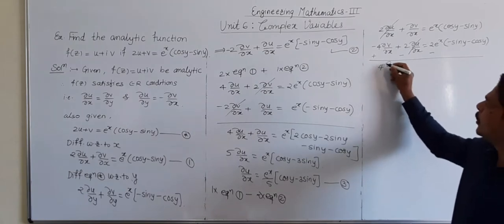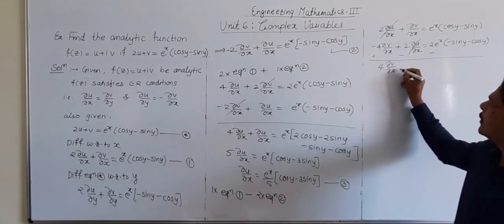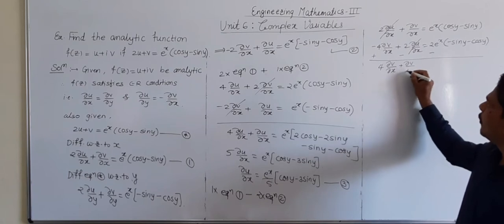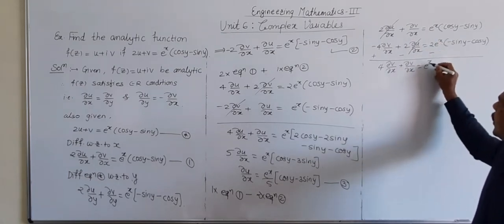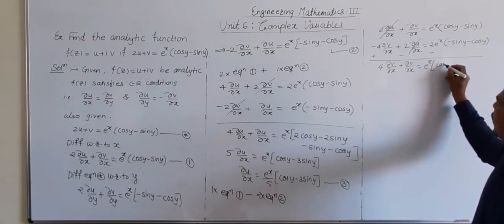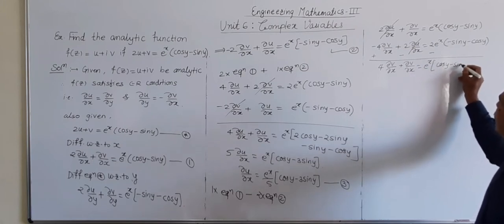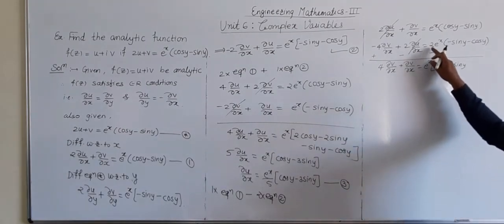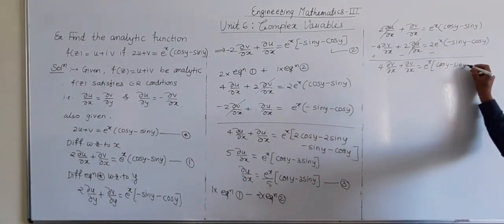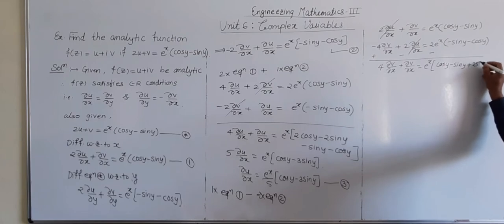What is remaining? 4 ∂v/∂x + ∂v/∂x is equal to, taking e^x common from these two terms, e^x (cos y − sin y), and here multiplying by −2 is remaining, multiplying inside the bracket we get + 2 sin y + 2 cos y.